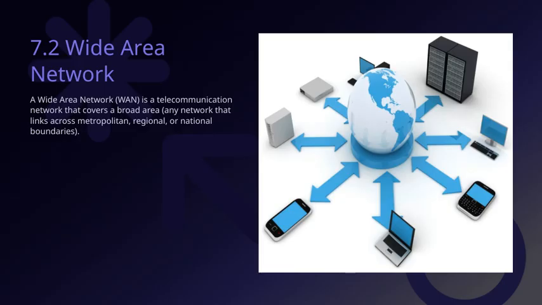In the context of our overall discussion about network infrastructure, WANs are crucial because they facilitate the connectivity needed for global operations and data sharing. They help us understand how organizations stay connected across borders, supporting everything from international business to cloud services. So, in essence, WANs are the networks that connect the bigger picture across metropolitan, regional, or national boundaries.